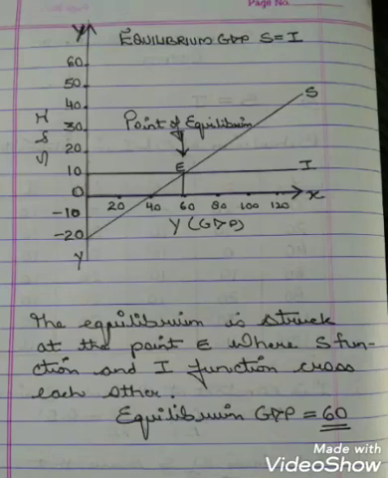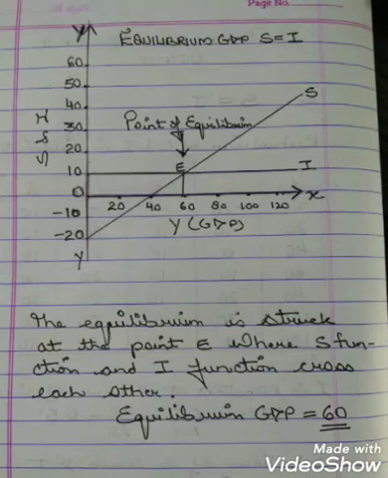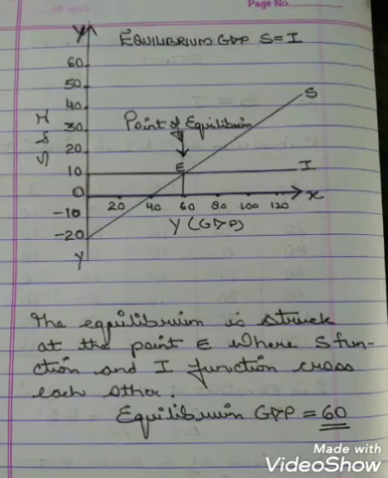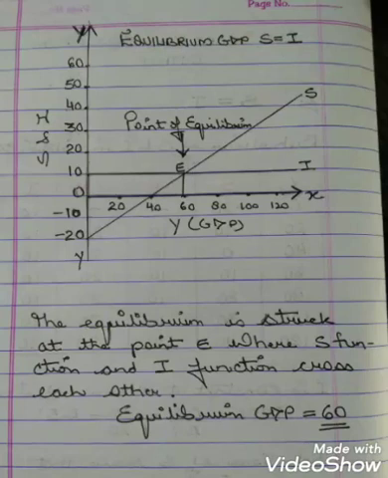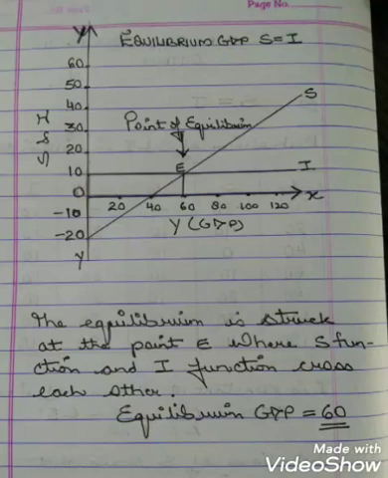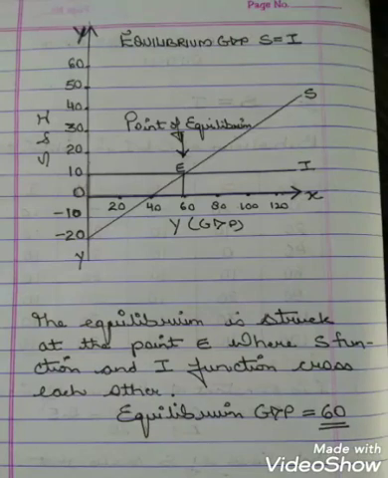This will prompt the producer to plan higher output. Higher output means higher income, and higher income means higher saving, and this process continues till S equals I. Here again the equality between S and I is restored through change in the level of Y. So this is how the equilibrium is struck when S equals I.